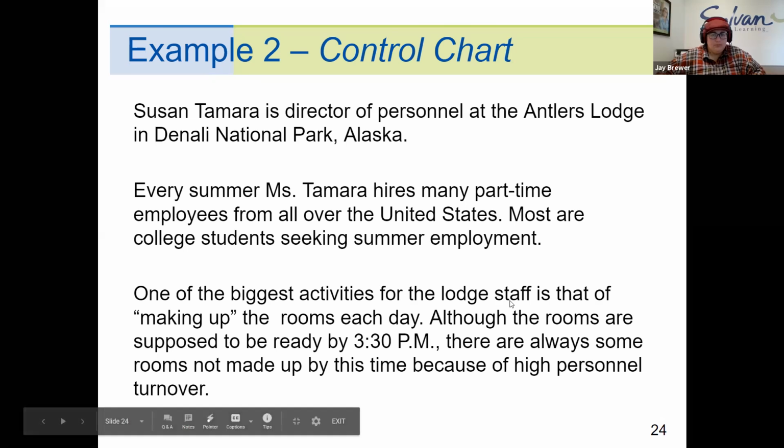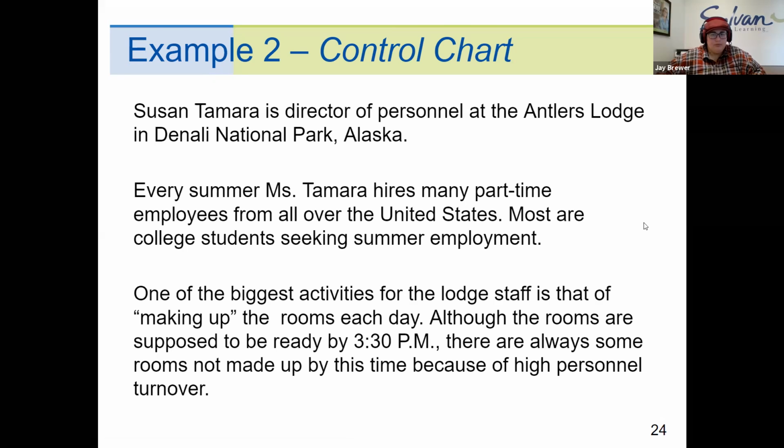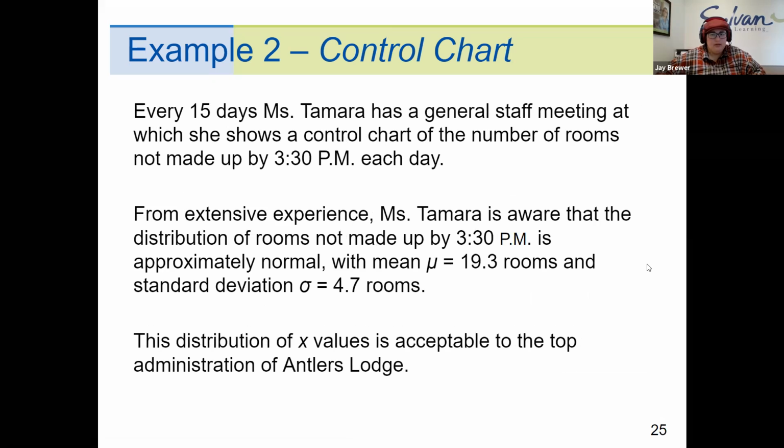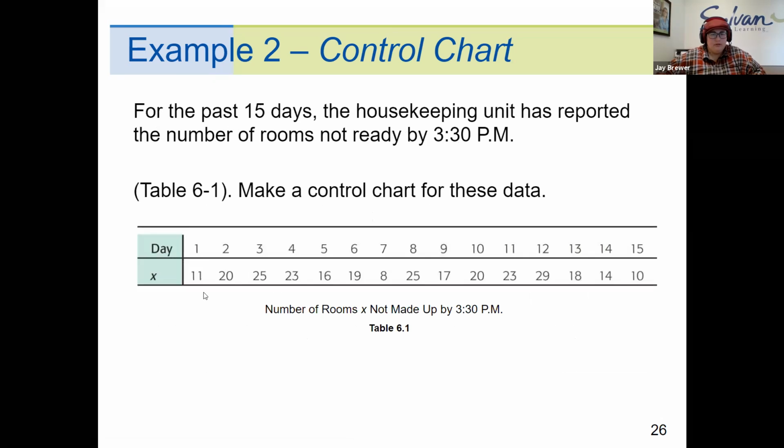So here's your basic example. I'm not going to go through and read it. I just want you to have an idea of how to manipulate this data. There's a table here, make a control chart for these data.